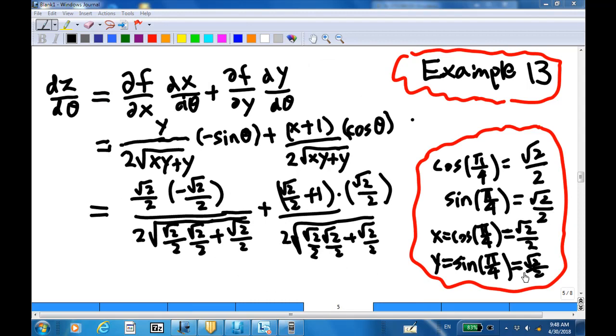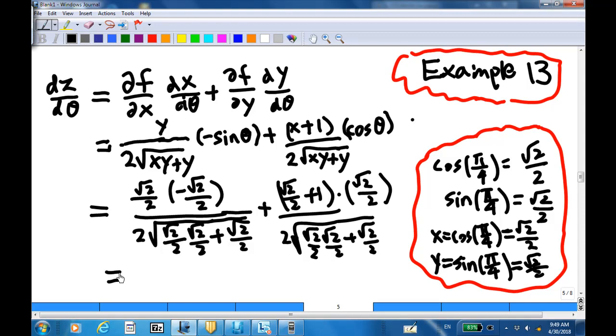Cosine pi over 4 is square root 2 over 2, sine pi over 4 is square root 2 over 2, so x and y both equal square root 2 over 2, and then you can evaluate this expression.